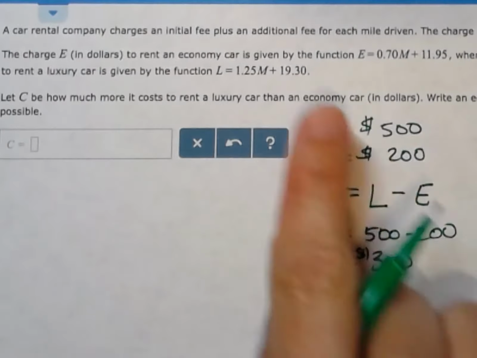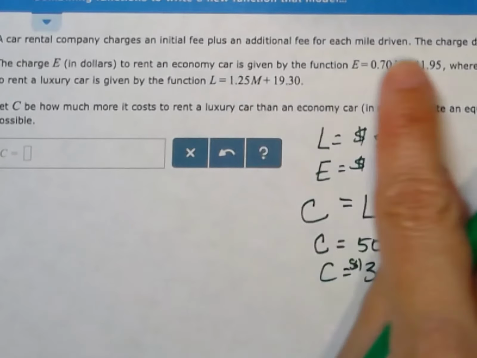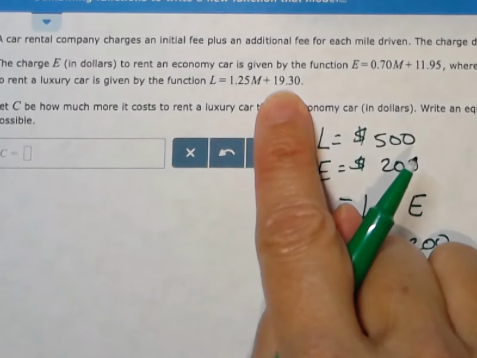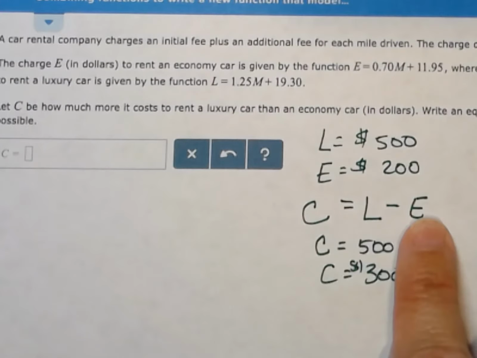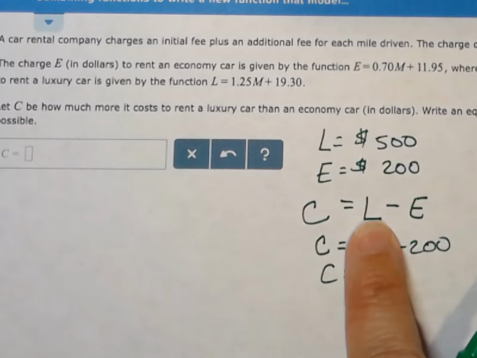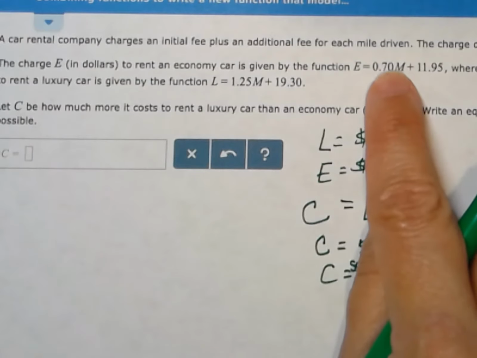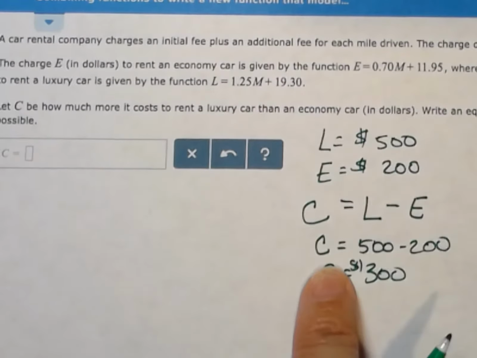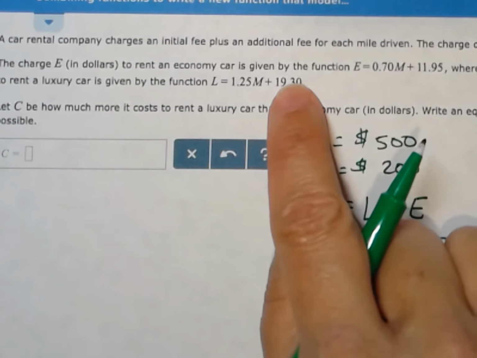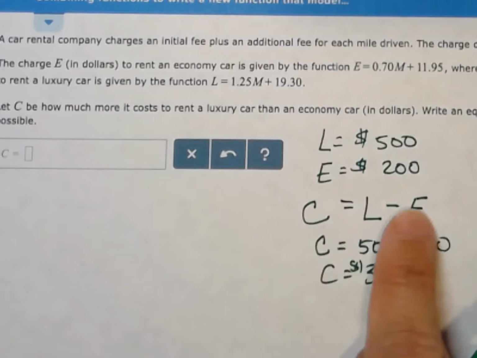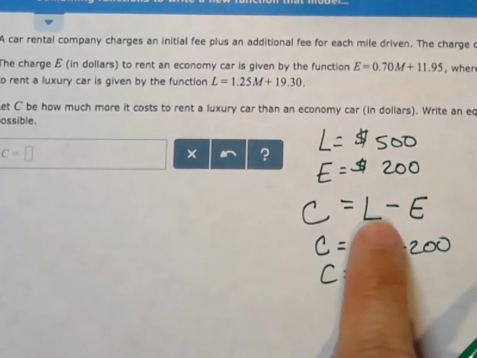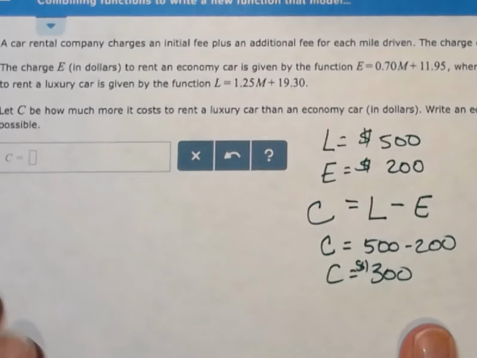Well, we don't know the amounts here, but they've given us functions, and we can do the same thing. We can take the function for the luxury car and subtract the function for the economy car, and that will give us the new function C, the difference between the two.